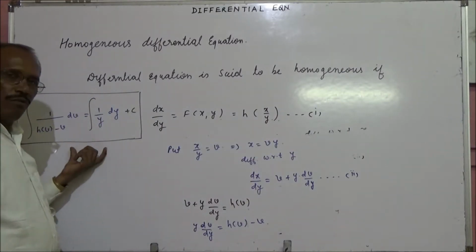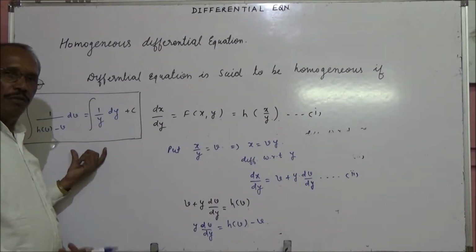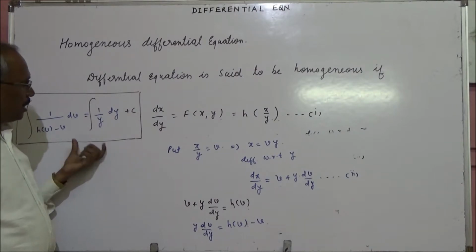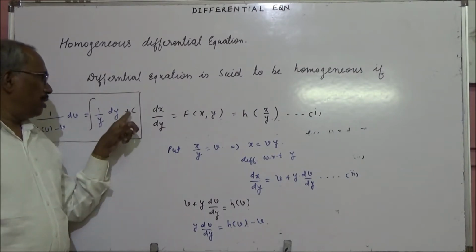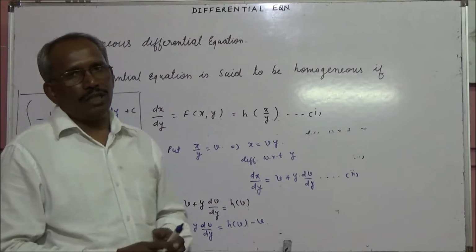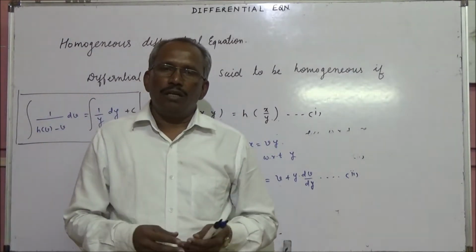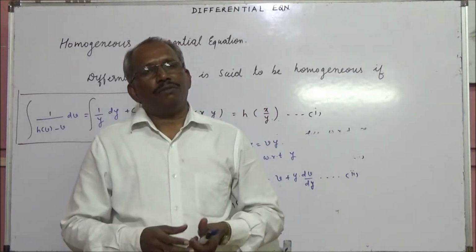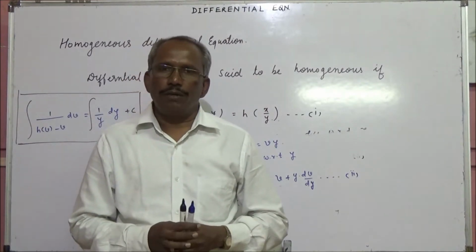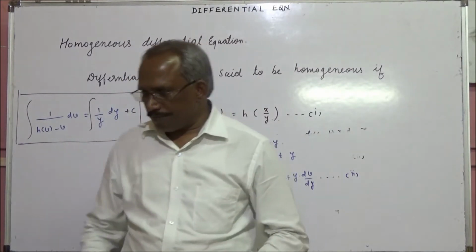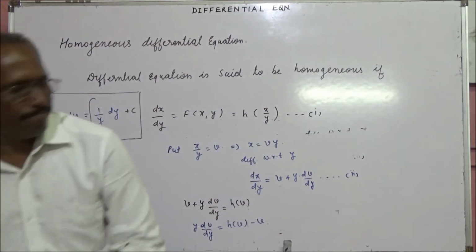This is the general solution because C is an arbitrary constant. In this way we can solve a homogeneous differential equation. Okay, so let us see one example here.